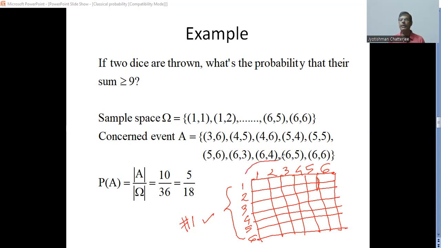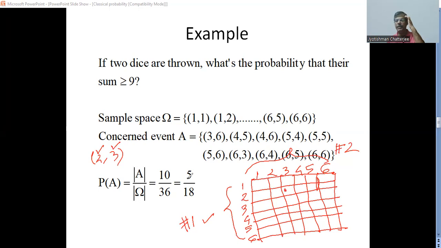And on this side, we are writing the outcome of die number 2. So what does this cell indicate? This cell indicates the outcome 2, 3. That means the first die is 2, and the second die is 3.